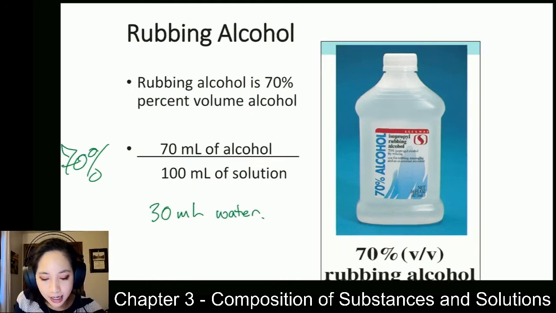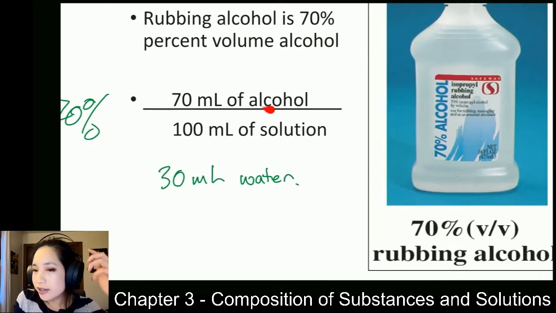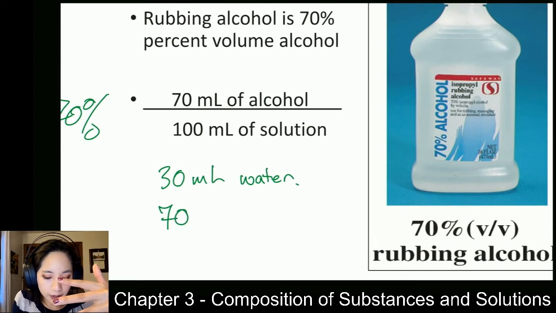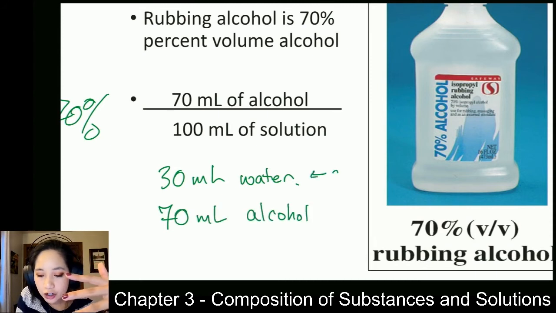So in this example, alcohol is not our solute because it's actually present in the larger quantity. Where I said solute over solution, in this case, I just mean it's the thing dissolved in the total solution. So in this example, since 30 milliliters is water and 70 milliliters is alcohol, water is actually our solute, and alcohol would be our solvent.